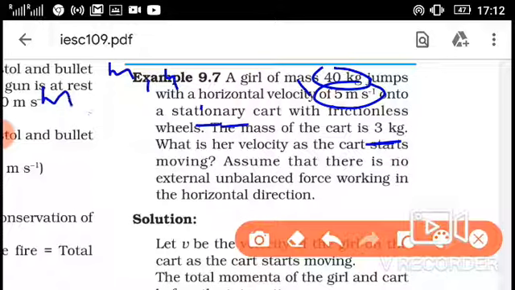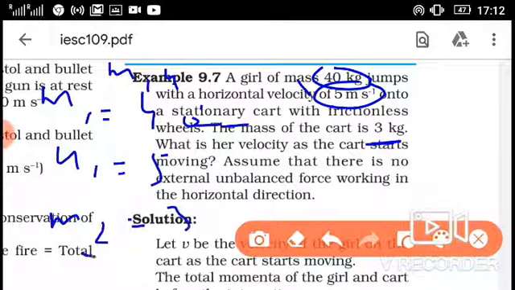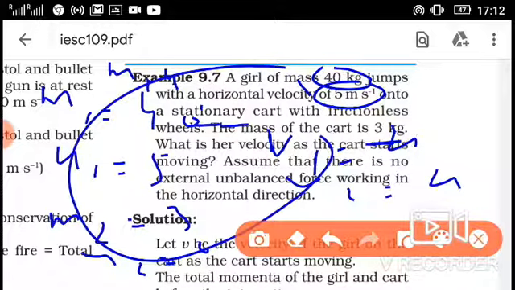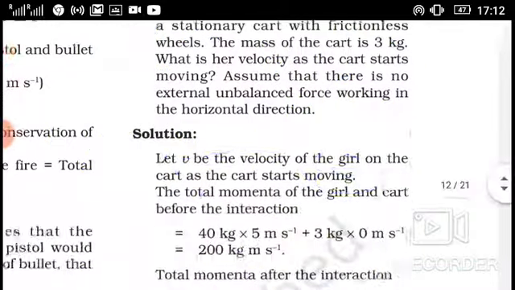I write the values: m1 40, u1 5, m2 that is 3 and u2 that is 0. v1 is x and v2 is also the same x. So by using the formula m1 u1 plus m2 u2 is equal to m1 v1 plus m2 v2, you can find the answer.